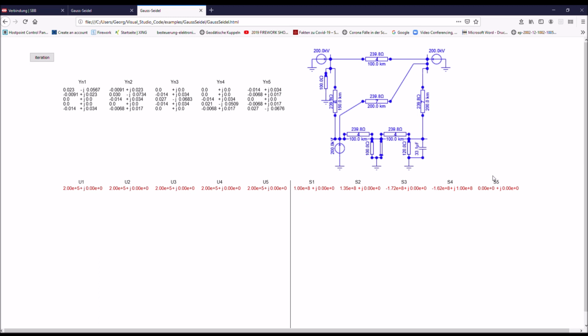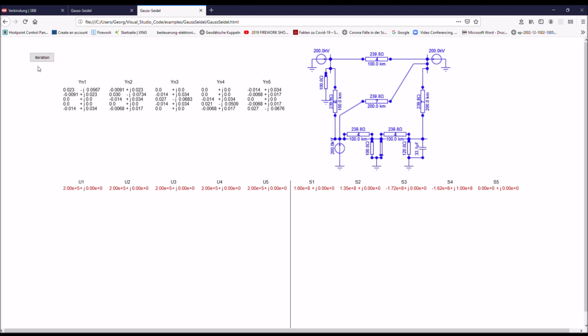So you see that this is the slack bus. There the initial values are equal to 0. And on the left side here I have all the values for the voltages at all the buses. And you see that I have just taken the values of the slack bus, which is 200 kilovolts with 0 phase angle, and I have used this one value as initial value for all the buses.